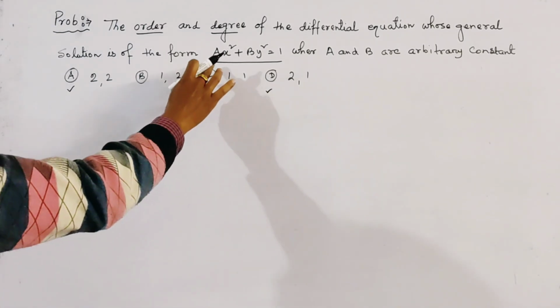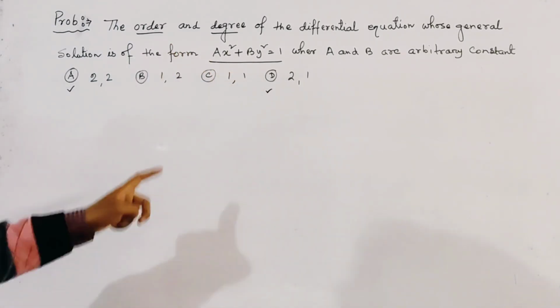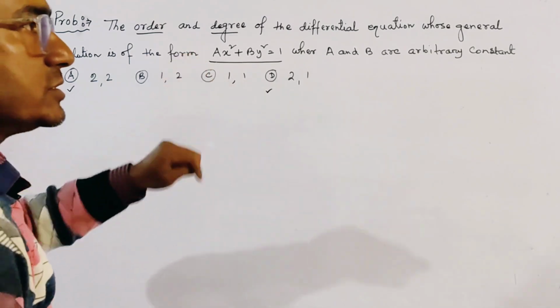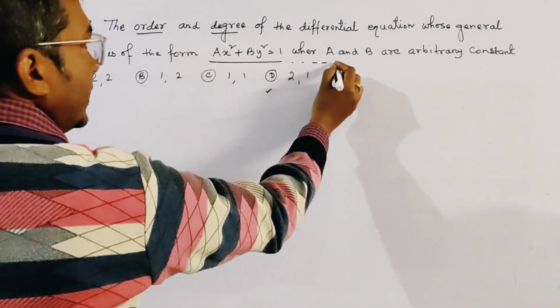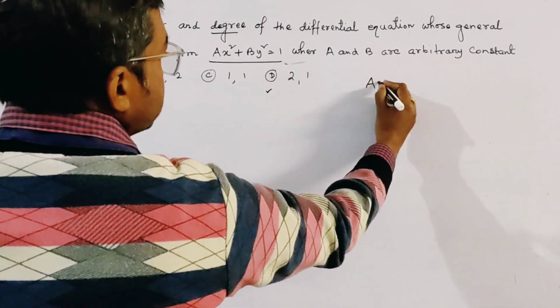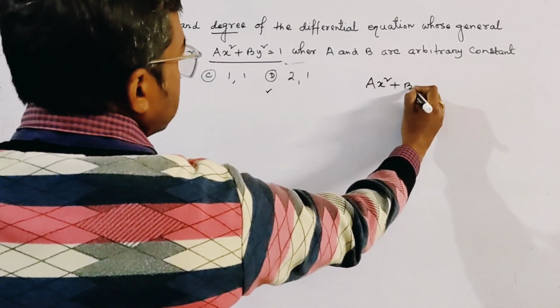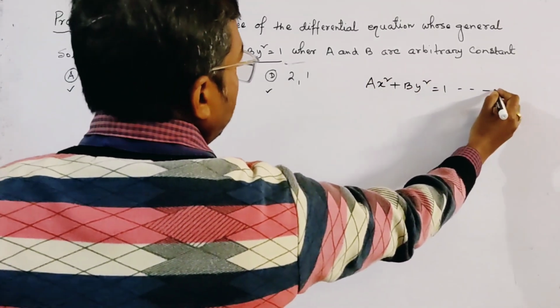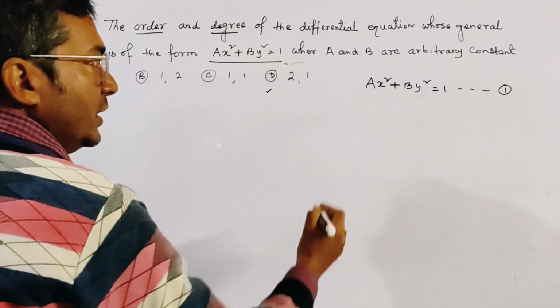Now, if we try to find the differential equation from the given solution, we write the equation again. This is ax² + by² = 1. We name this equation 1.